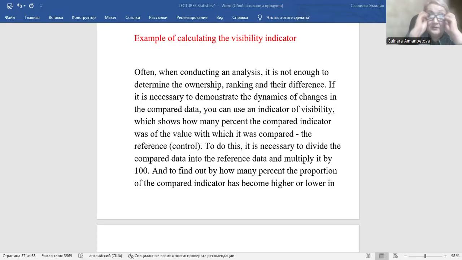Example of calculating the visibility indicator. Often when conducting an analysis, it is not enough to determine the ownership, ranking and their difference.